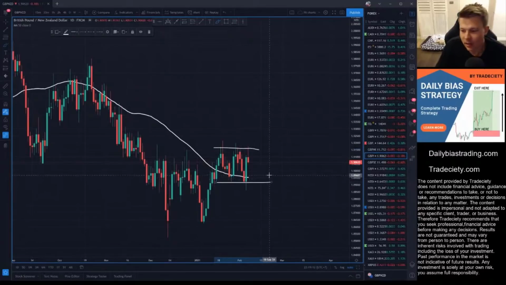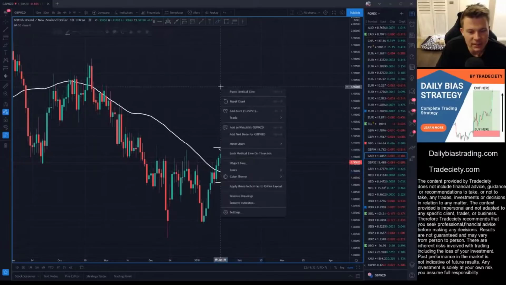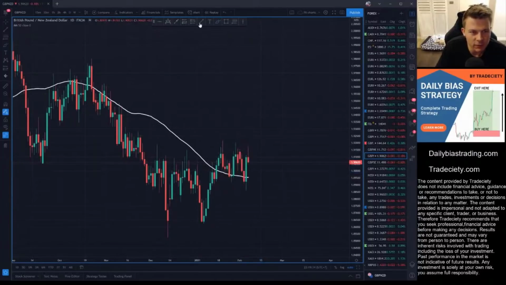On a daily, Heathcliff, we are stuck in a very, very tight range. So on a daily, it's too tight of a market.